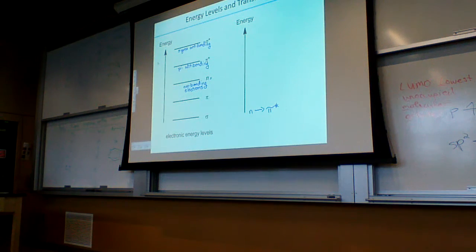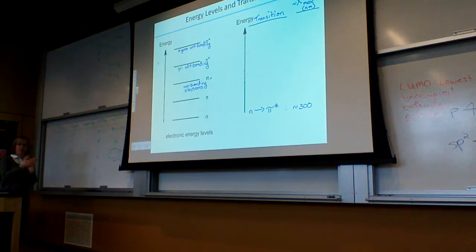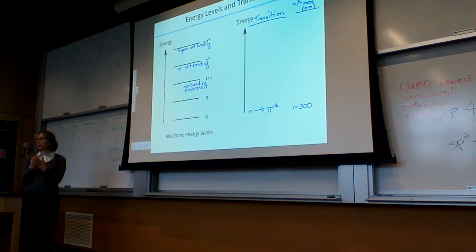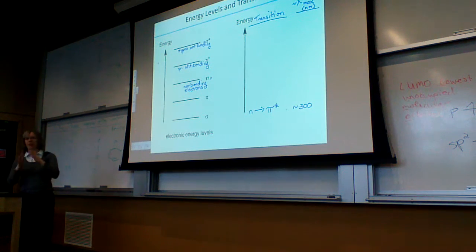And if it has a lower energy, do transition, and then we'll say an approximate lambda max. So for this one, approximately 300 nanometers. Remember when we were talking about photons of light, the lower energy ones are going to be the longer wavelengths because they're a little bit lazier.